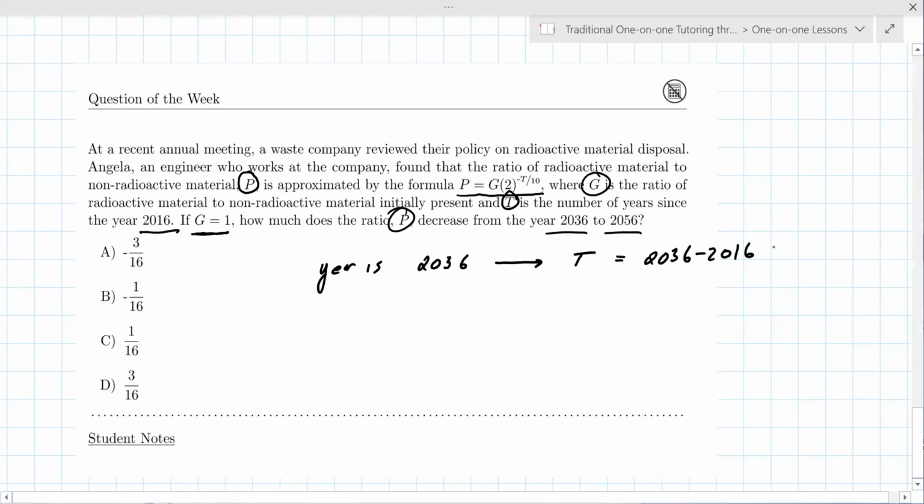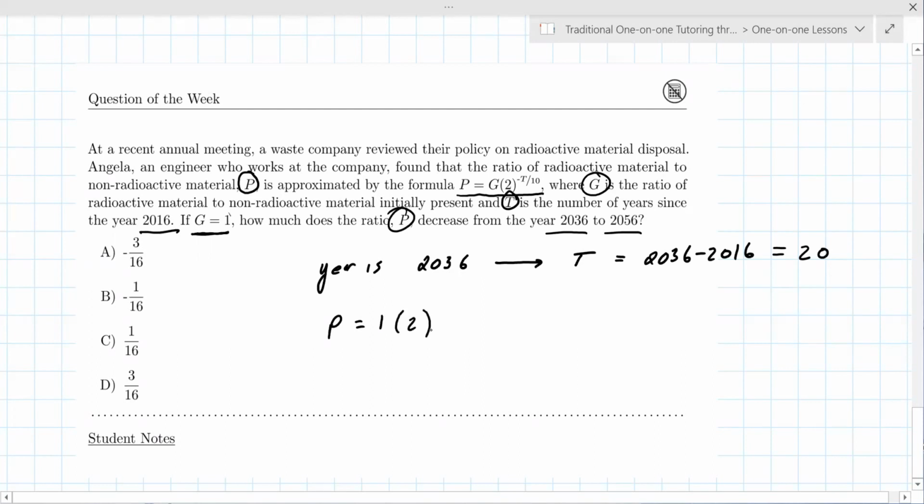So this means that T is 20, big T is 20. Do you see that? Yeah. 2036 minus 2016 is 20. And you know how to do that. That's not so hard. So P is G, but what's the value of G?